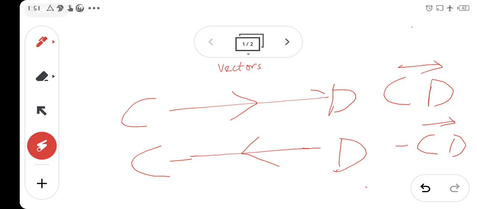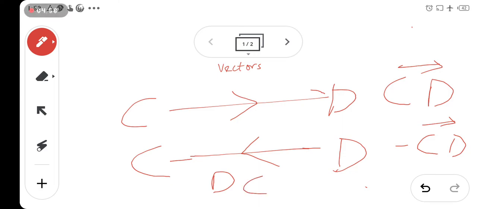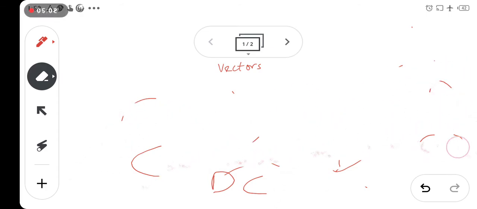But you can also see that since we write a vector following the direction, negative CD can also be represented by DC.